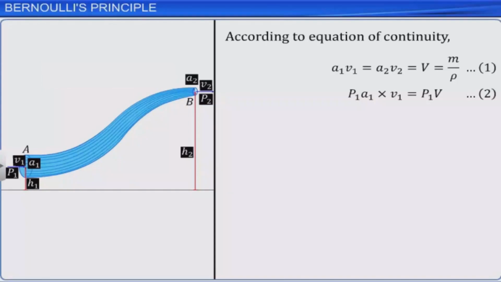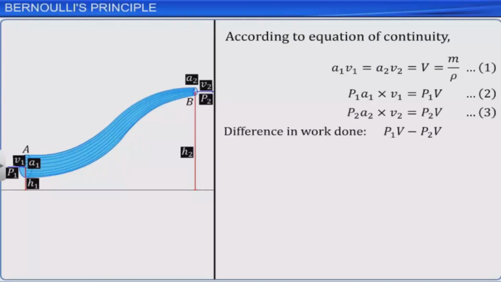Similarly, the work done per second on the liquid element against the force due to pressure at B is expressed as P2A2 into V2 is equal to P2V. Let this be equation 3. The difference in the work done on the liquid element in moving from A to B is expressed as P1V minus P2V.